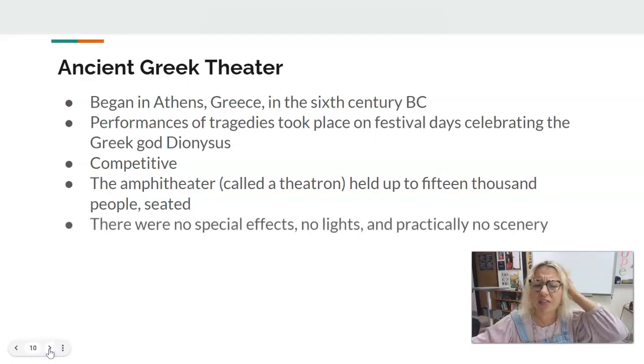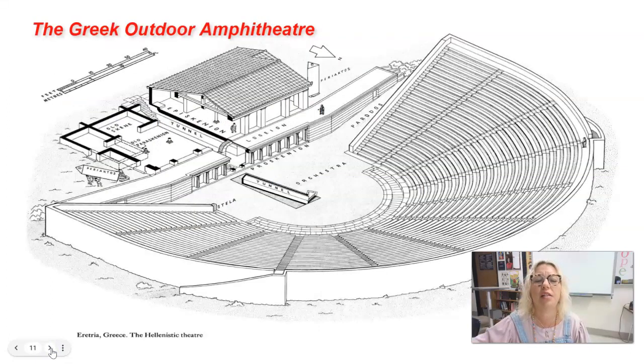There were no special effects or lights and practically no scenery in the amphitheater. It was broad daylight, and it looked something like this. So the people were seated here, and we have some different things happening here, buildings where the actors maybe stayed hidden for a while, and where we have some contraptions like the Deus Ex Machina that we will hear about more in Medea, housed in there.